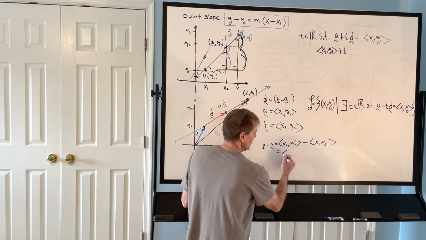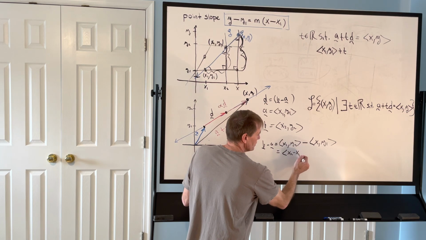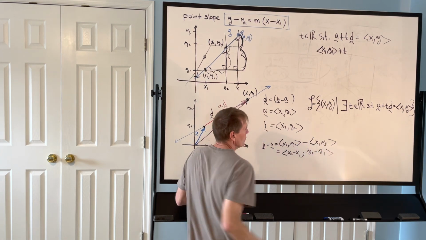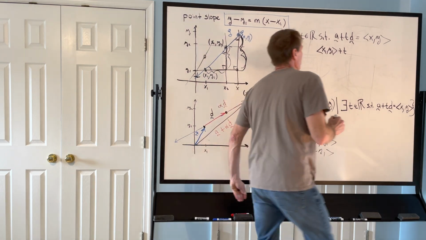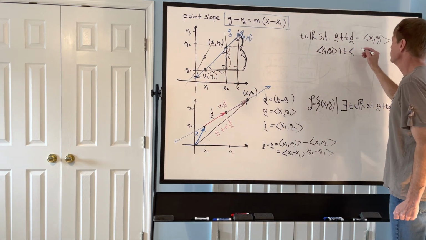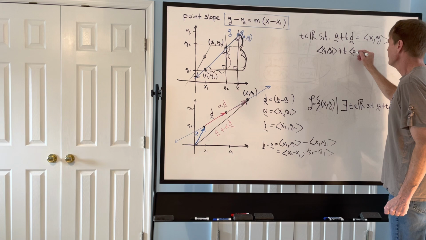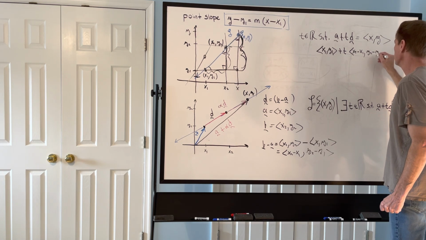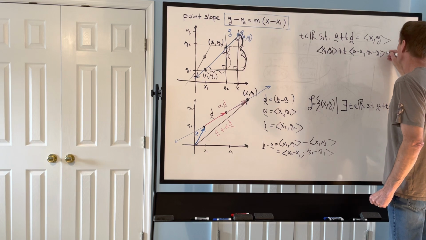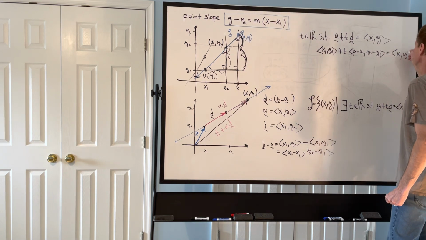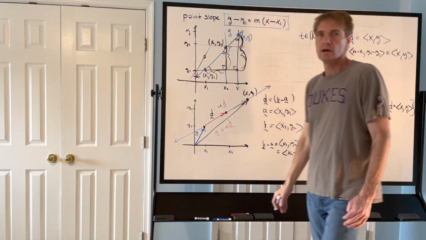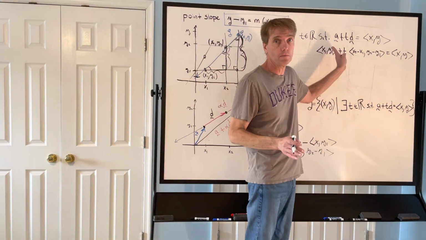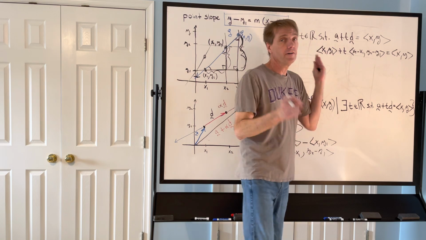And hopefully you can do it. x2 minus x1, just doing what you guys told me to do, y2 minus y1. So if I come back here, this would be x2 minus x1, y2 minus y1 equals the vector xy. Now you guys defined scalar multiplication and you defined vector addition.